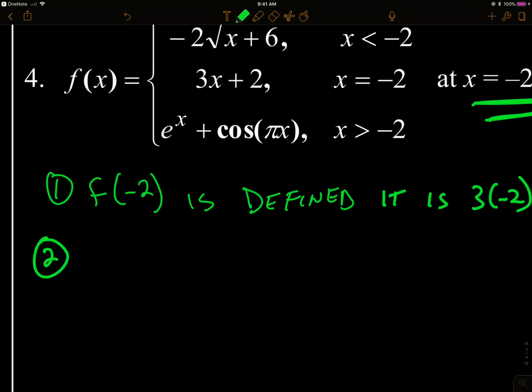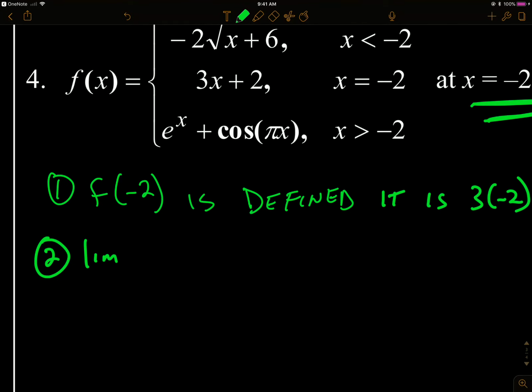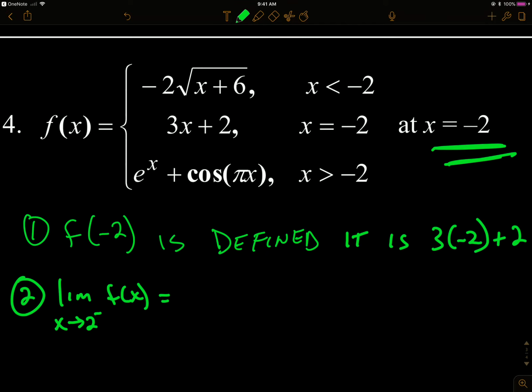Criteria, or step 2, is that the limit as x approaches -2 from the left. I should be saying -2, not 2. Sorry.